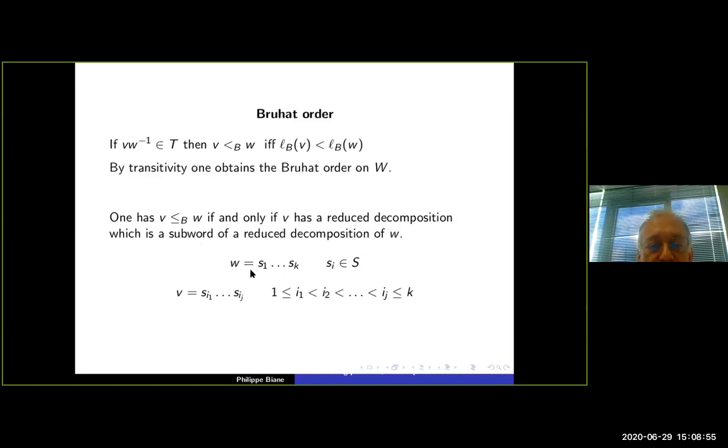So w can be written s1 ... sk, a decomposition of smallest possible length with elements in S, and v can be written as a subword s_i1 ... s_ij, which is also a reduced decomposition, a decomposition of minimal length. So this is a kind of subword order in the Coxeter group.